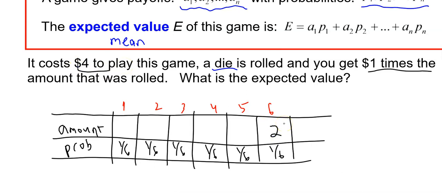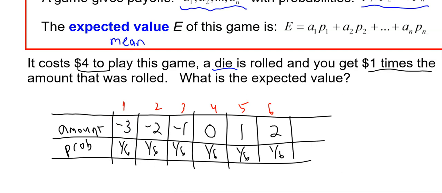You roll 5, you get $5, which after the cost of 4 is $1. You roll 4, you win $4, but you paid $4 to play, so you don't really win. You roll 3, unfortunately, you'll get 3 back, and so you're going to lose $1. You roll 2, you're going to win $2, but you paid $4, so that's a loss of $2. And if you win $1, you actually paid a total of $3. So those are all your different outcomes.